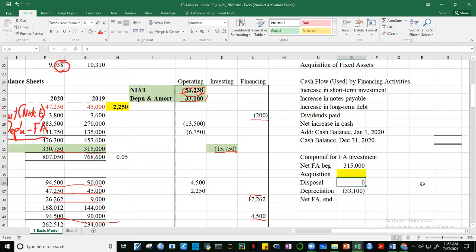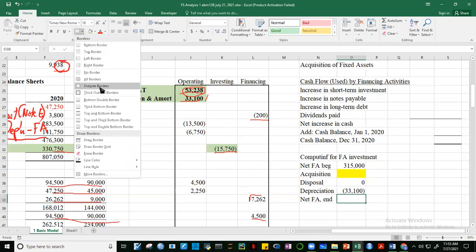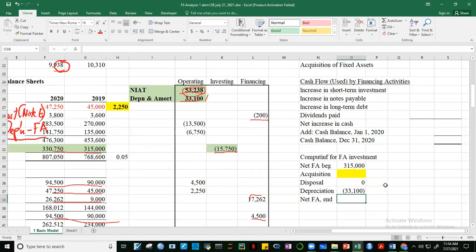Ima-minus natin si disposal, kaso wala naman disposal, walang given information na ganun. Ima-minus natin si depreciation. Okay? So at the end, guys, makukomputa natin si net fixed assets ending. So it's just equal to, pwede natin isum lahat to, kasi naka-negative nitong si depreciation.